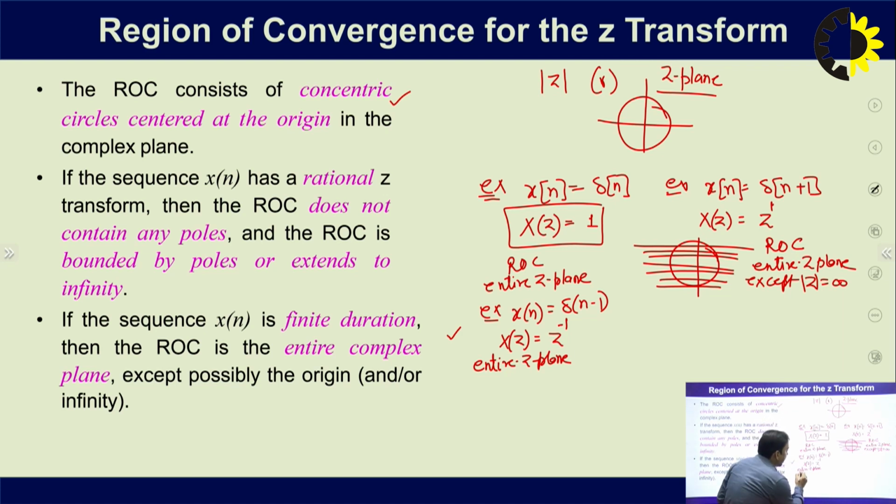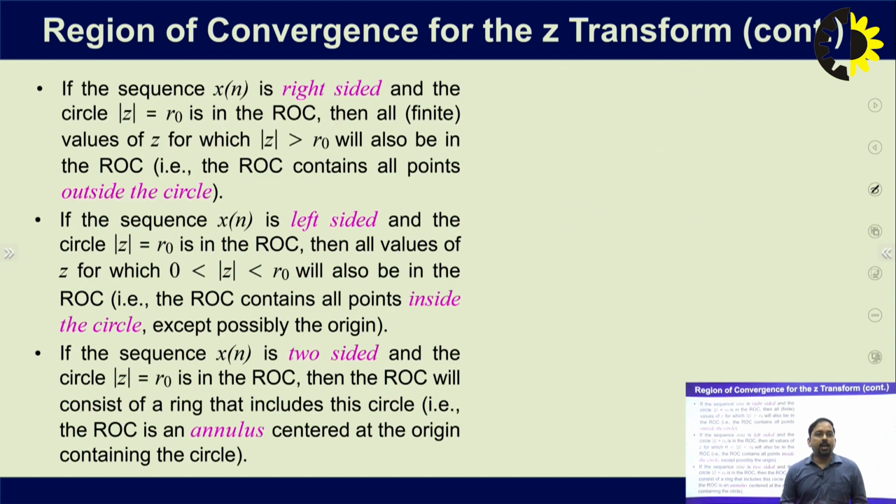So it is the entire z plane except z equals 0. These points we must take care of: which points we need to eliminate or which point we need to add here. That's why I have put here, except possibly the origin and infinity, z equal to 0 or z equals infinity.